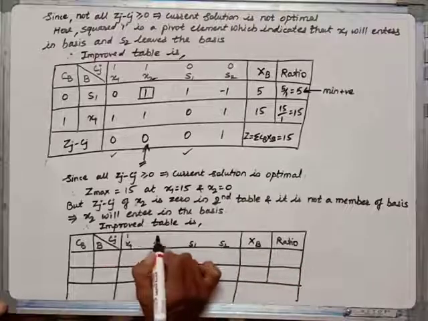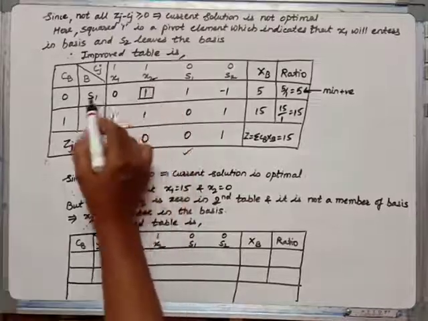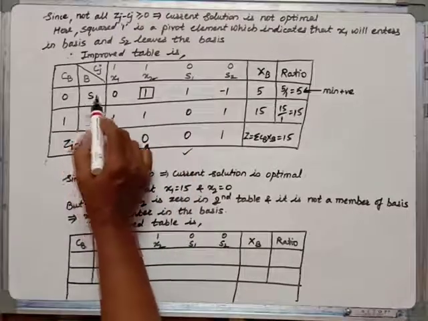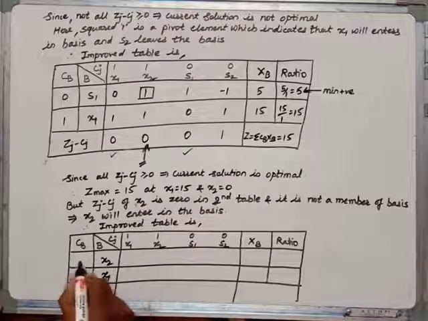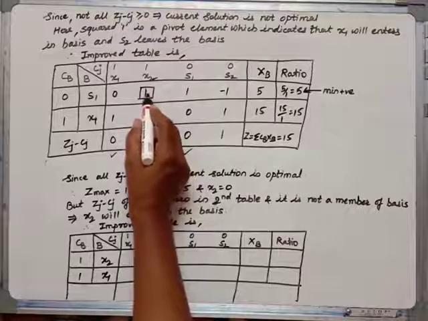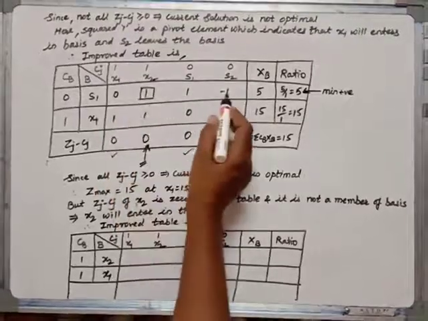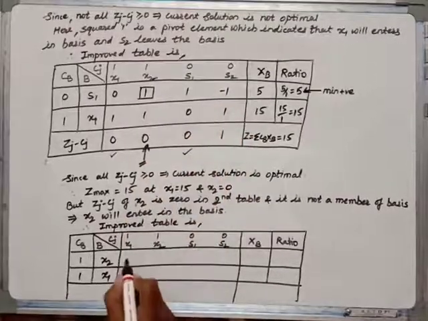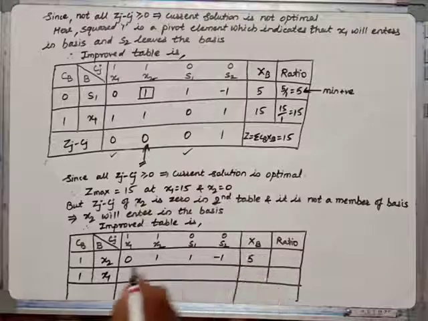Now 1, 1, 0, 0 same. Now this X2 will enter in a basis at the position of S1. So here I must write X2. Here this X1 is the same, having the coefficients 1, 1. Now this pivot element is 1, so no need to make changes here. So it remains the same: 0, 1, 1, minus 1 and this is 5 as it is.